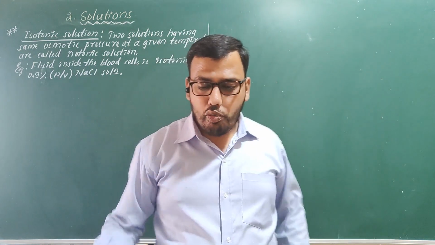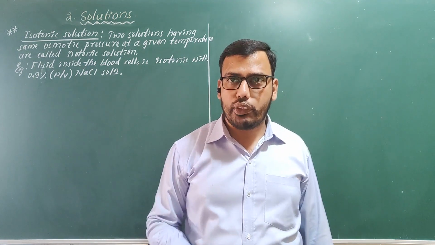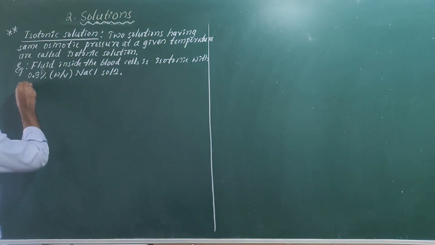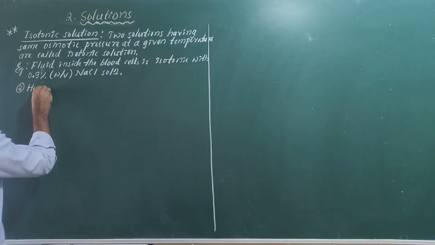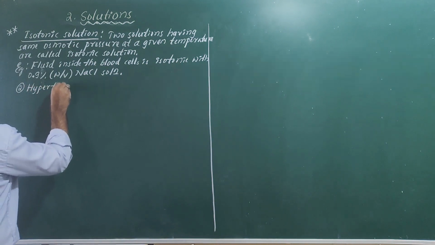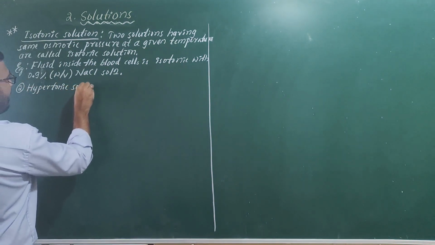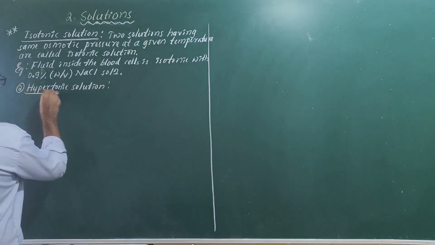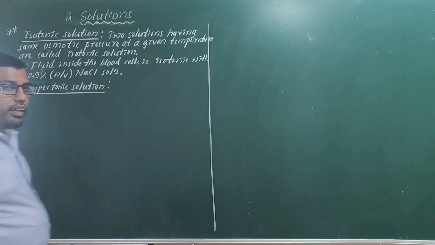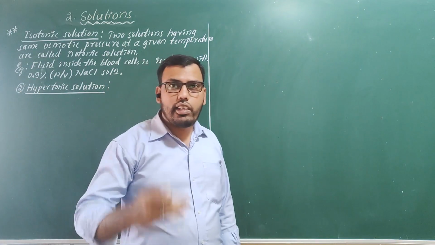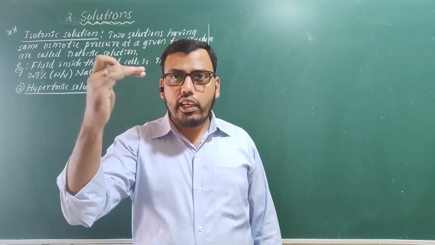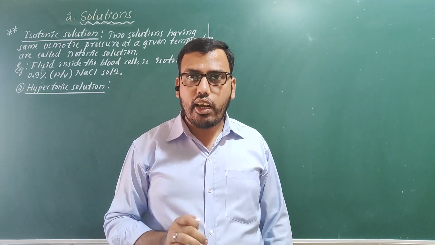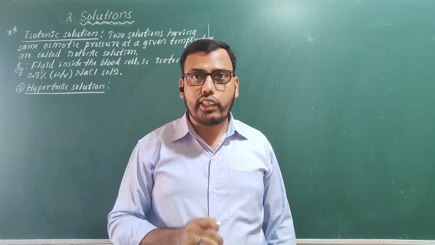Next we will see what is a hypertonic solution. Very simple: a solution which has higher osmotic pressure than a given solution at the given temperature is called a hypertonic solution.